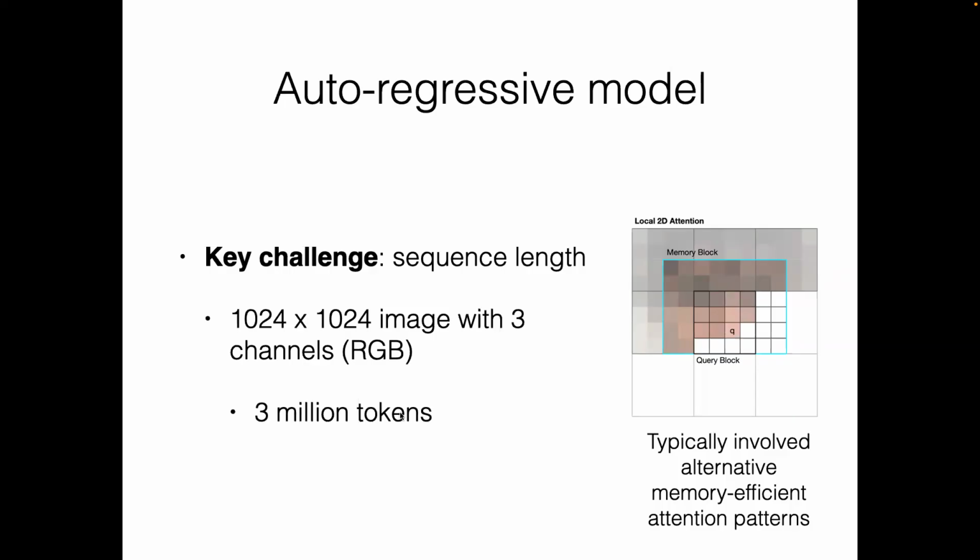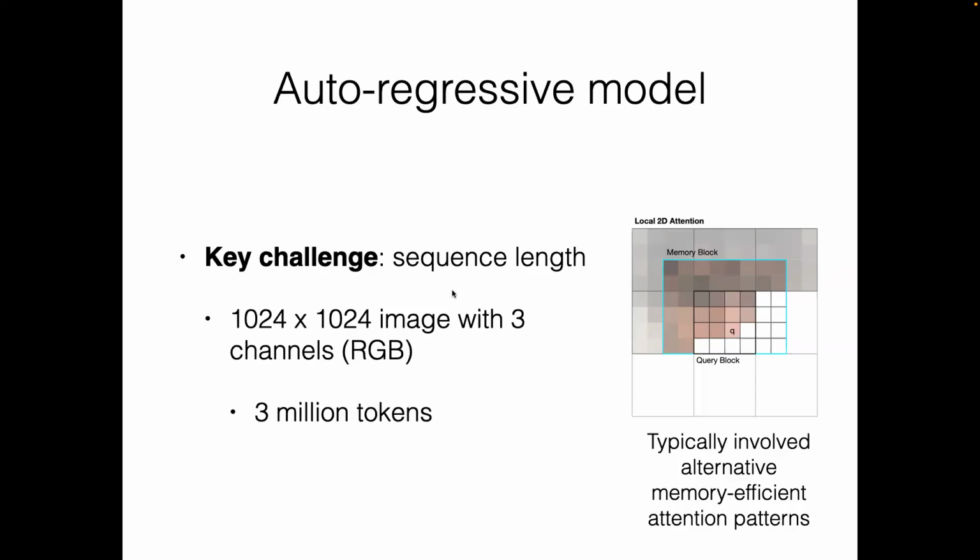Typically these earlier works came up with different ways of doing memory efficient attention, so they weren't using standard attention and were trying to modify the transformer architecture. In general, this approach runs into the issue of a really long sequence length, and that also slows down generation. If you have to generate 3 million tokens, it might take a while just to generate one image.